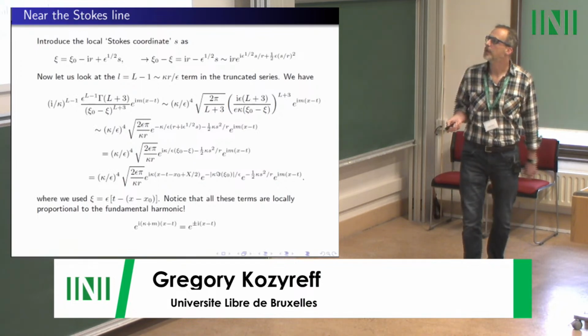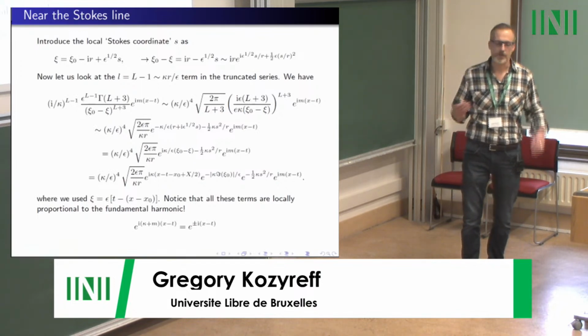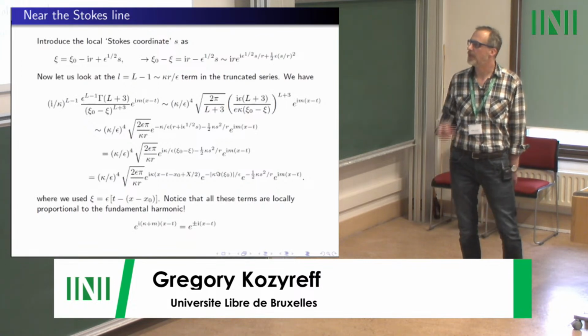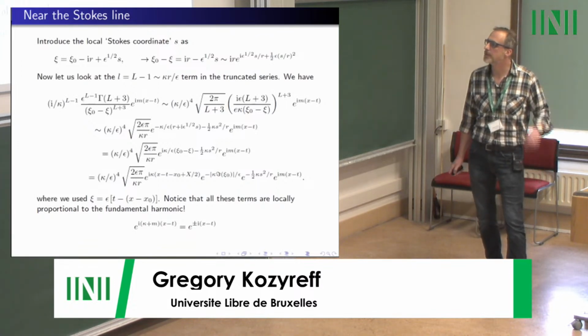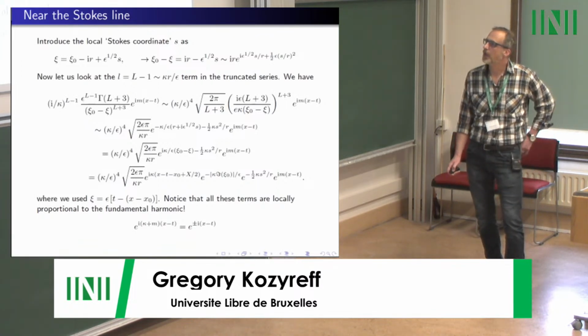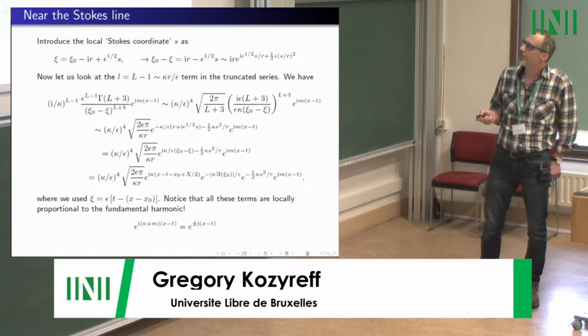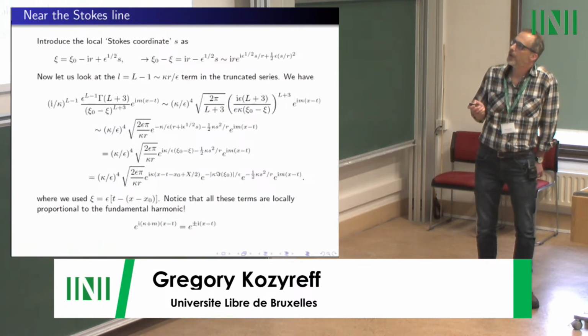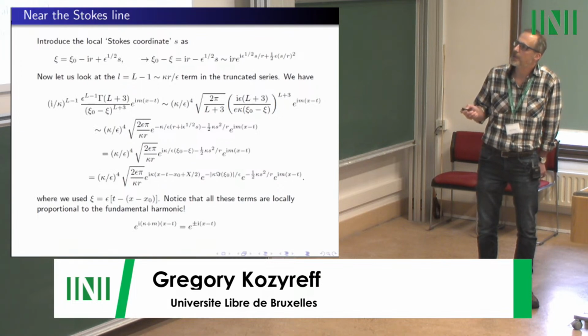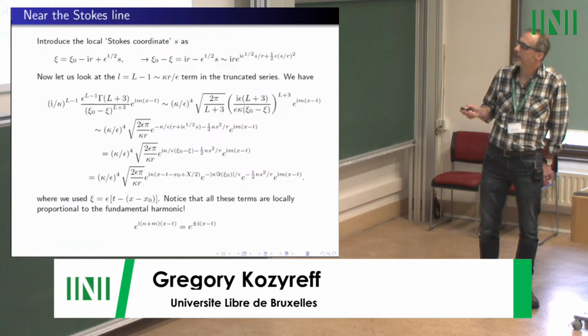There are some technical steps here which you can look at later in the slides when you have time. At the end of the day, a term like this, which appears in the forcing term of the remainder, looks something like this.